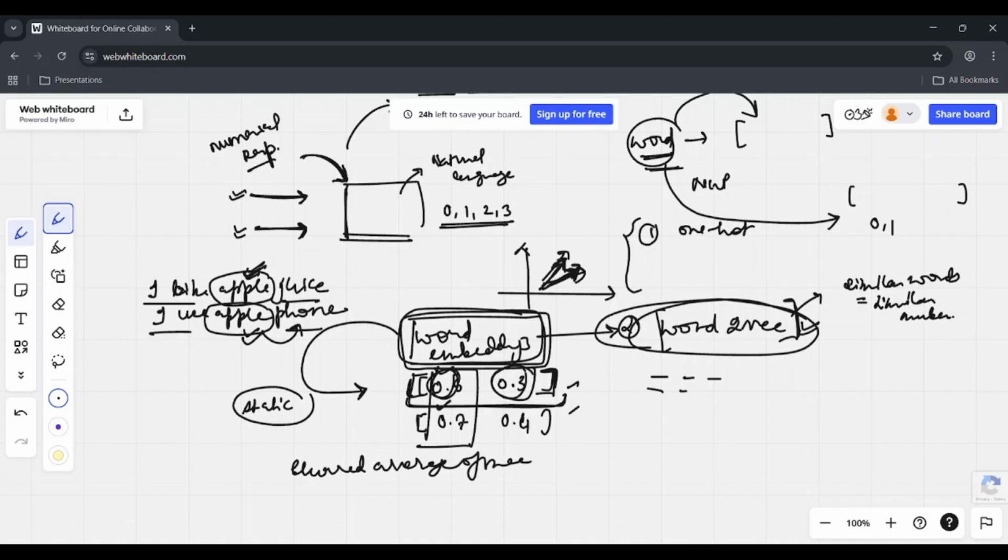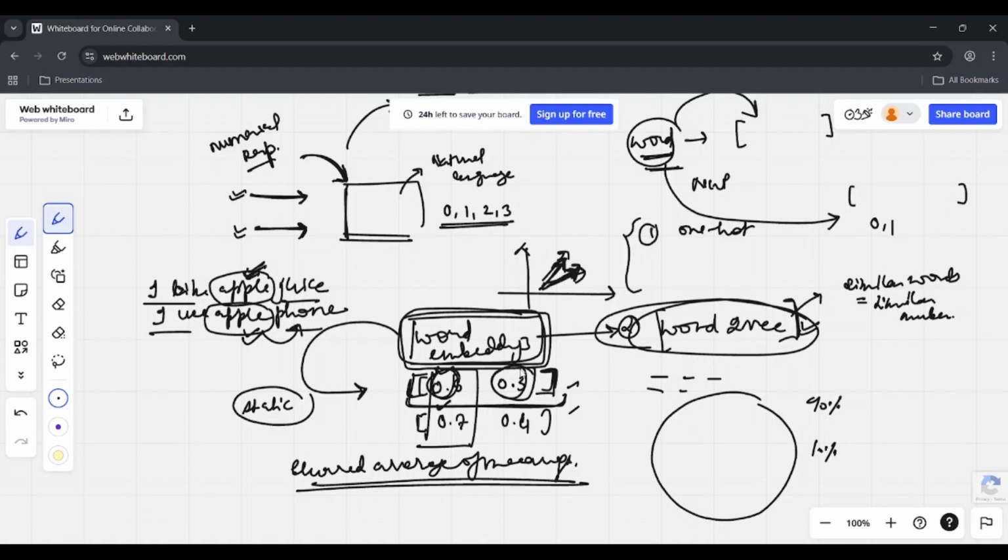Let's say I have a very big dataset where 90% of the time I am referring to apple as a fruit, but 10% of the time I am referring to apple as a phone. Then the word embedding of apple that will be generated using this data will capture more of its fruit component, right?